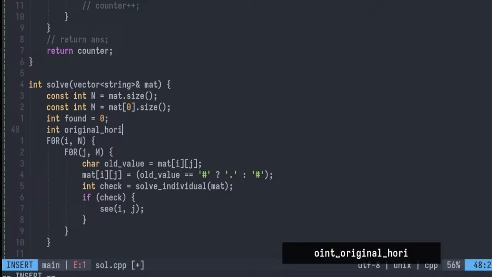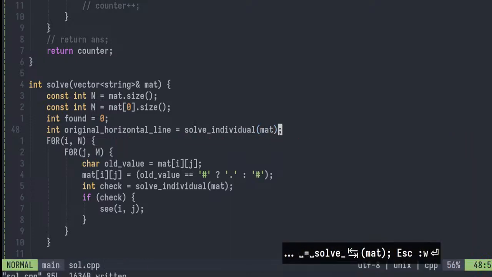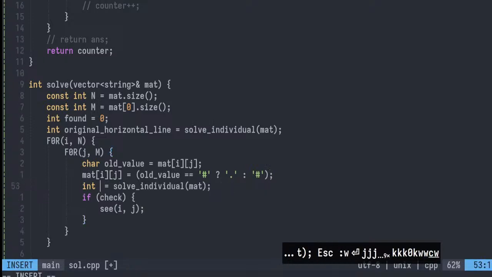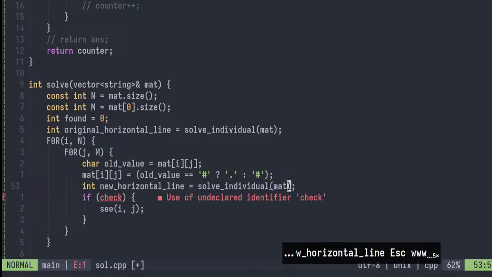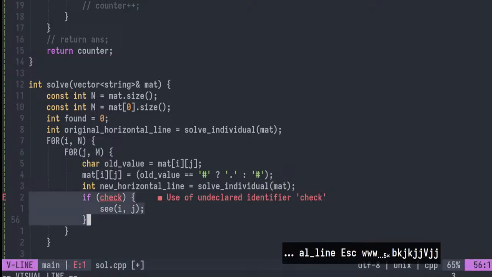Original horizontal line is equal to solve individual of this original matrix, and new horizontal line for this new matrix that we have changed the index i, j of.